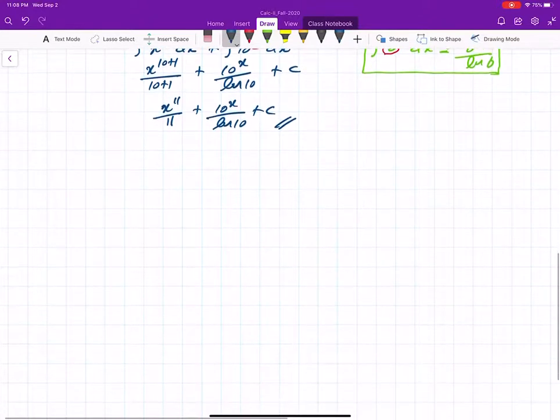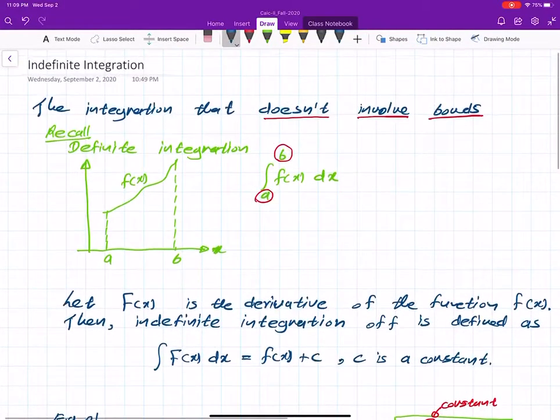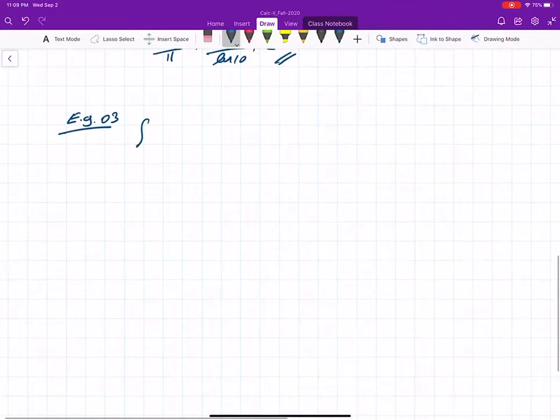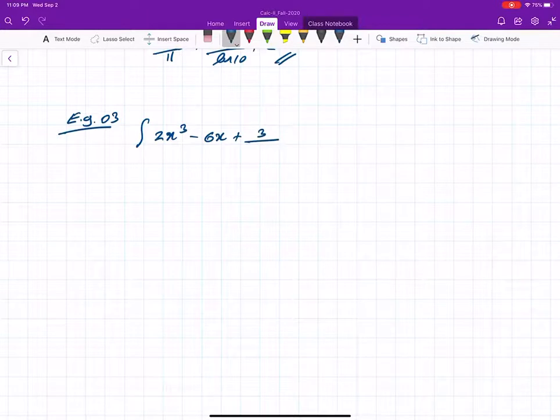Now I'm moving to the third example. The third example is the integration of 2x to the power 3 minus 6x plus 3 over x square plus 1 dx. I'm sorry.